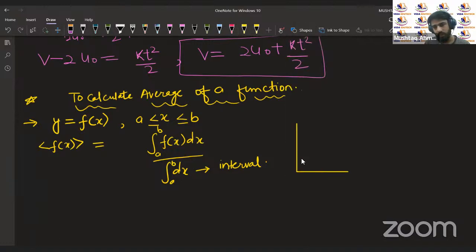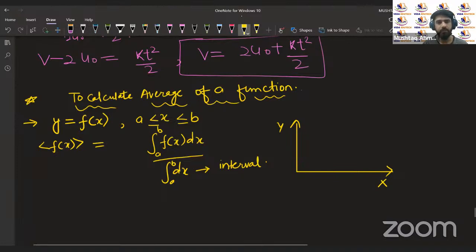Let's suppose we have this Cartesian coordinate system here. This is a y-x plane. And suppose in this plane we have a function like this.